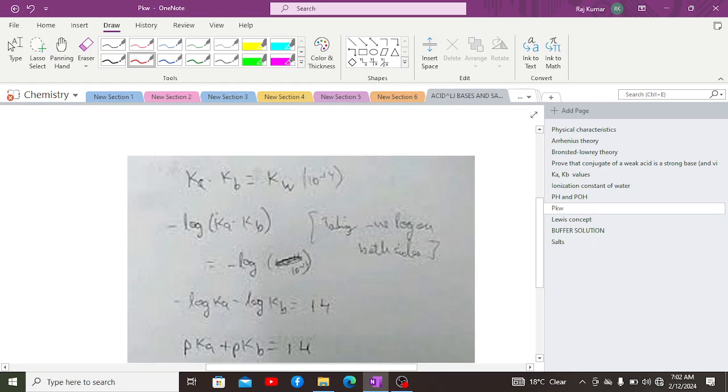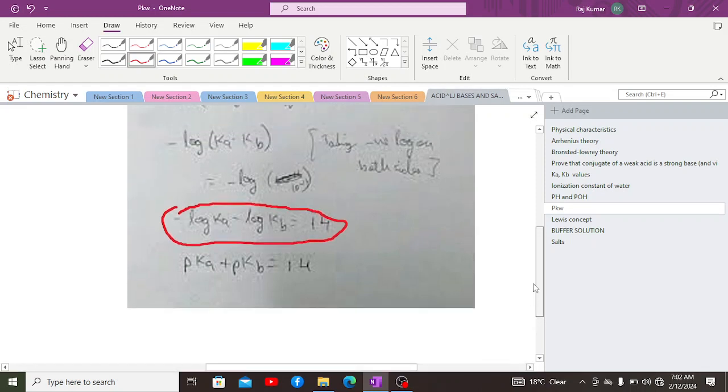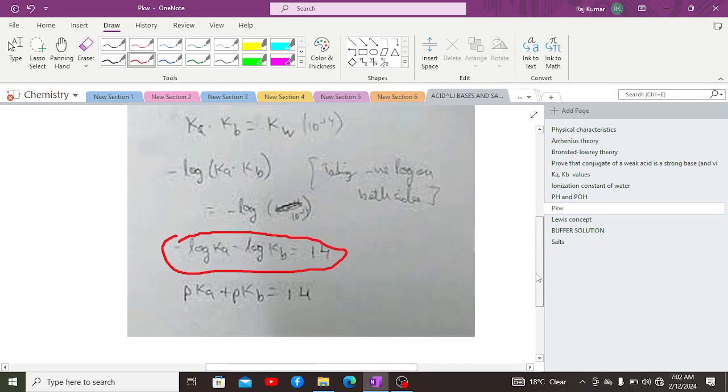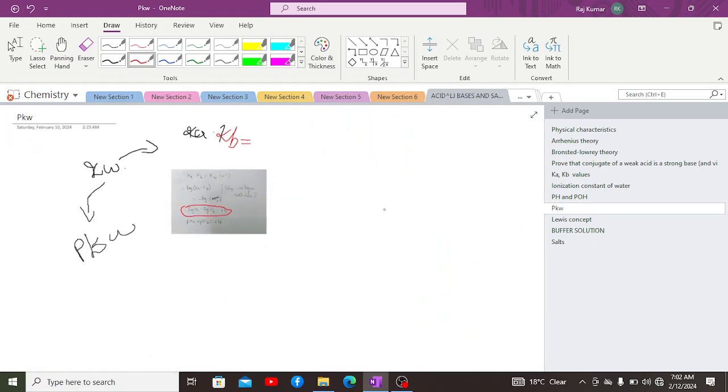And when we take the negative sign on both sides, it becomes minus log Ka minus log Kb is equal to minus log Kw, due to which we know that minus log Ka is equal to pKa, minus log Kb is equal to pKb, and minus log Kw is equal to pKw, such that when we utilize that, it becomes pKa plus pKb is equal to 14, which is the equation.